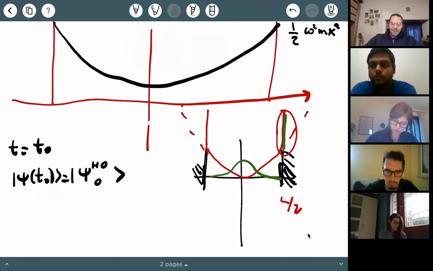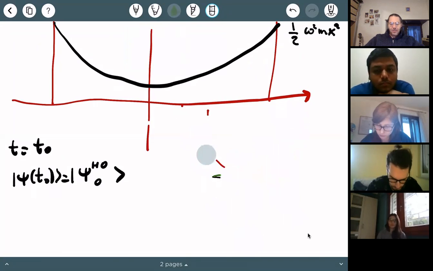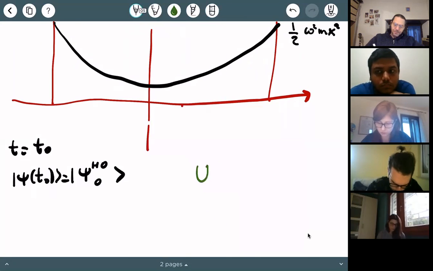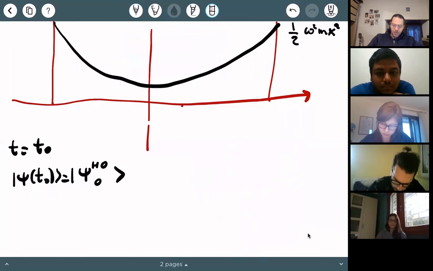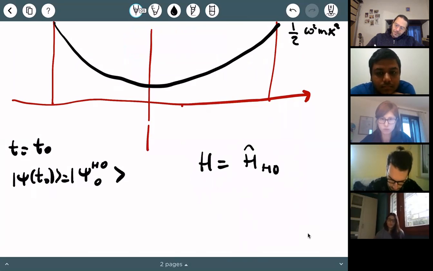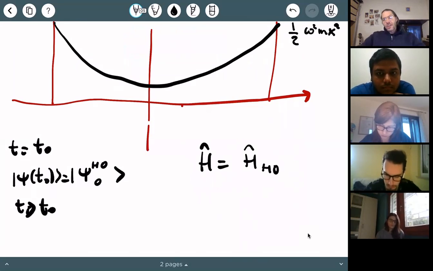So effectively, under these circumstances, my problem can be formulated mathematically in much simpler terms: at time t0, my system is in this state, and the Hamiltonian until that point was the harmonic oscillator Hamiltonian. And for times greater than t0, the system changes Hamiltonian.